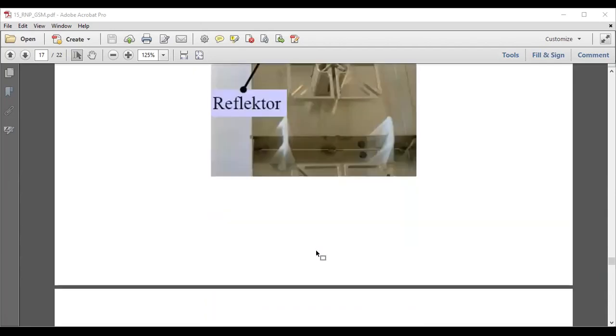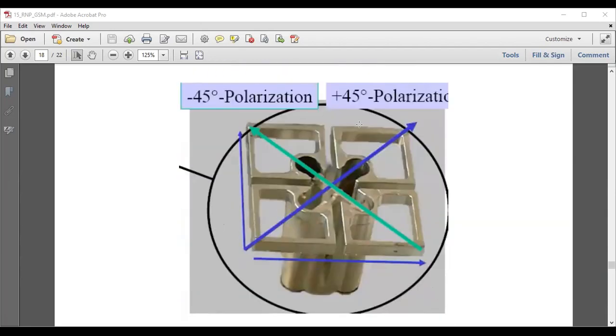So now this actually forms two antennas. These two elements form one antenna. Okay, we have four segments here, but two of them form one.